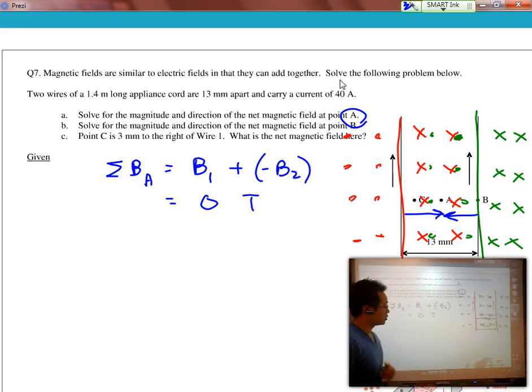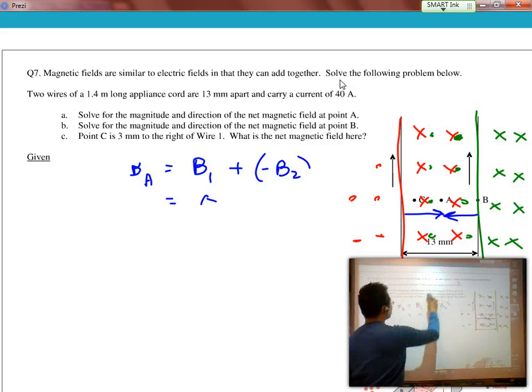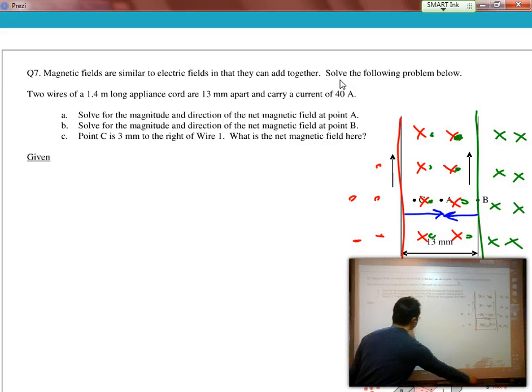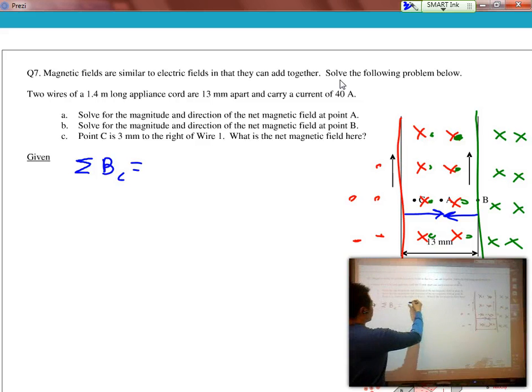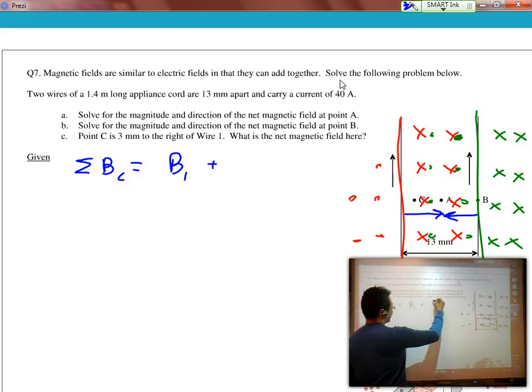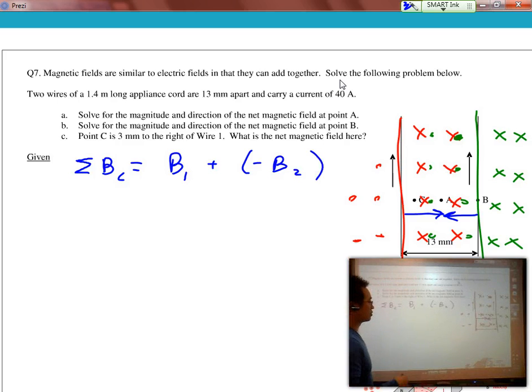But a better question really is, what's the total magnetic field at point C? So at point C, the next part of the question, that's 3 millimeters to the right of wire 1. So B1 is going to be going out of the page plus negative B2, which is going into the page, or vice versa.